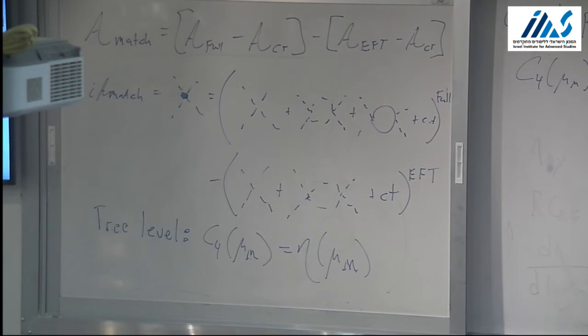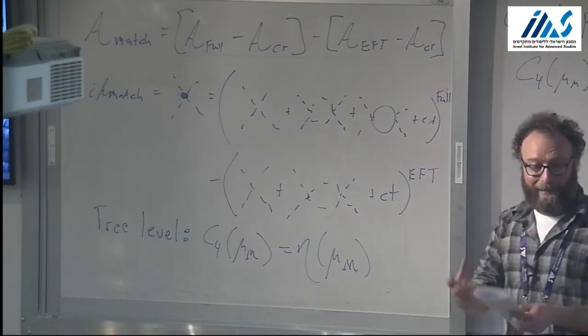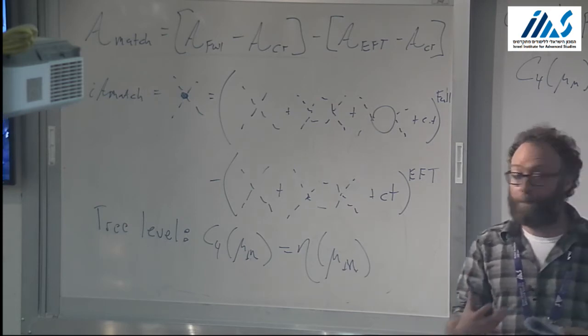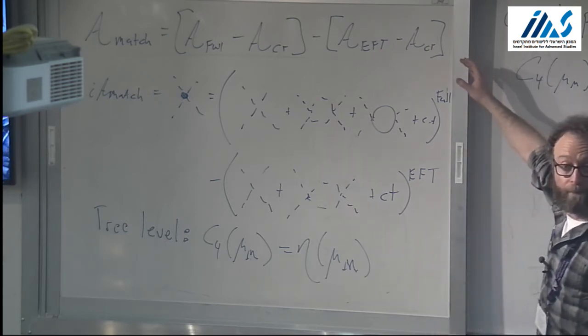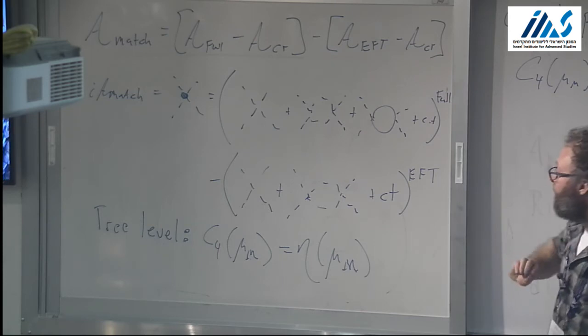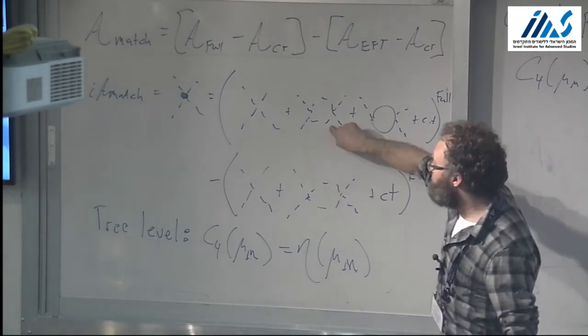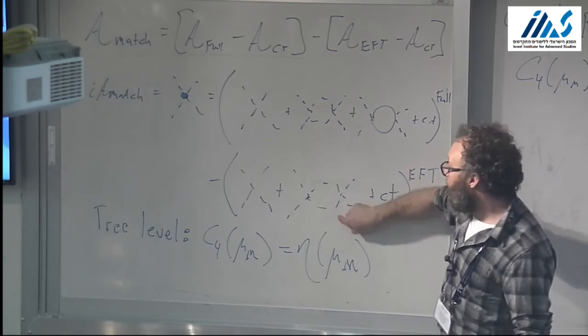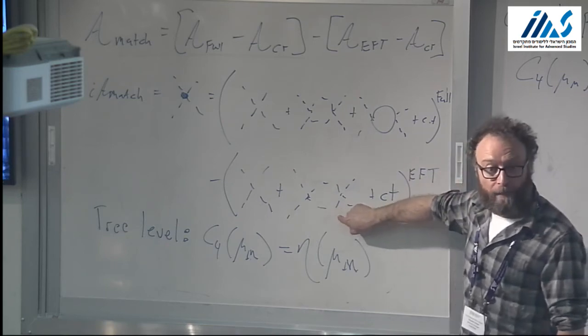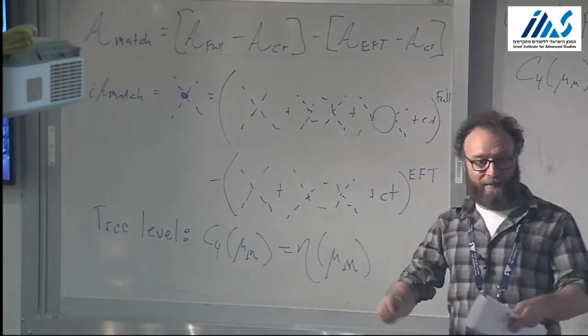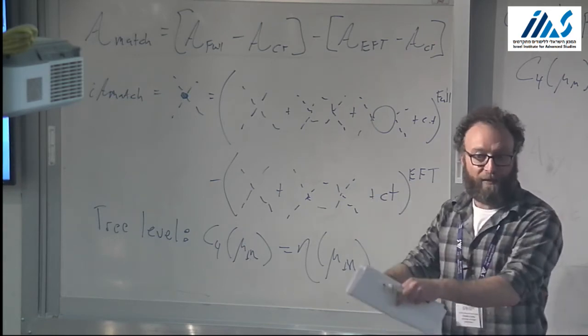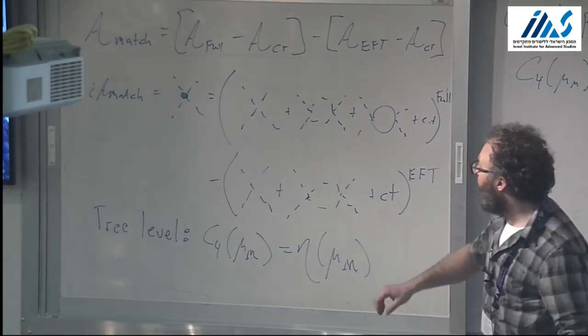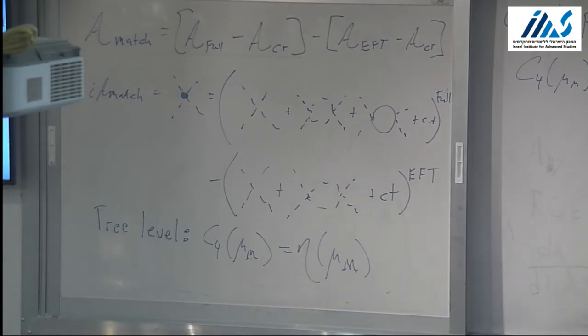In this case, the infrared regulator is little m. As I take little m to 0, I better not have any logs of little m appearing at this high scale mu m, mu capital M, okay, mu match. In this language, that's the statement that these diagrams need to cancel, because these diagrams generate logs of little m. So I better fix little m in the full theory equal to little m in the effective theory, okay? And that's what's happening here, right?